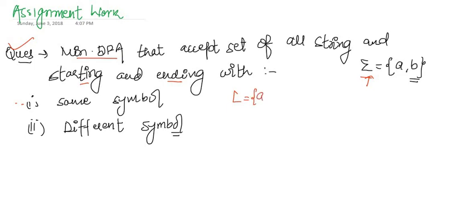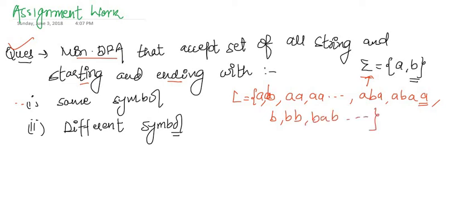The language will be, just imagine if we start with A, then it must end with B. A, B, A, B, and so on, but ending with B. This will be our language.